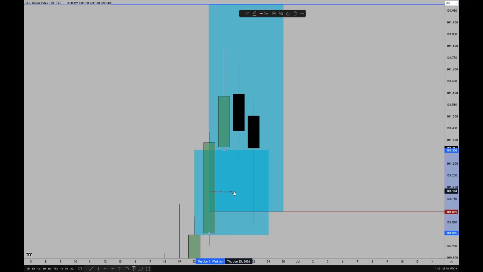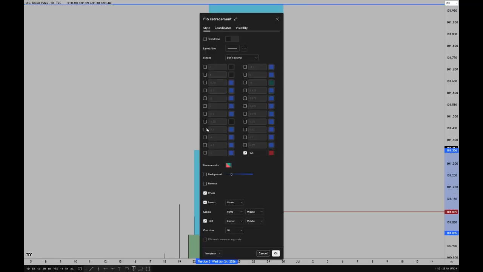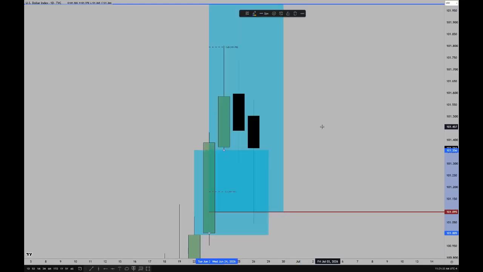But what we want to do now is add a level right there. What is that? Negative 1.25. What's the 25?